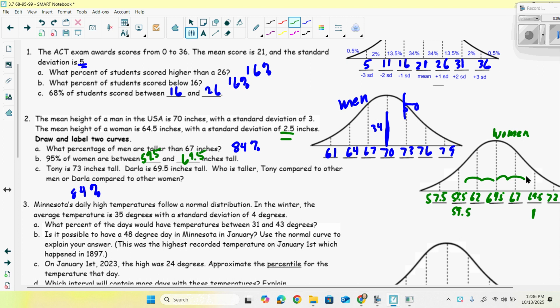So basically Darla is at a higher percentile. That's going to be, this was like 2.5% down here. So 97.5%. So Darla is a taller person relative to other women.